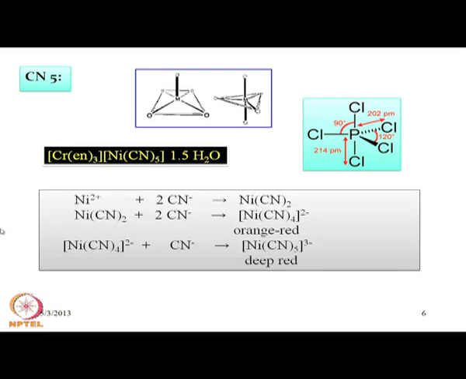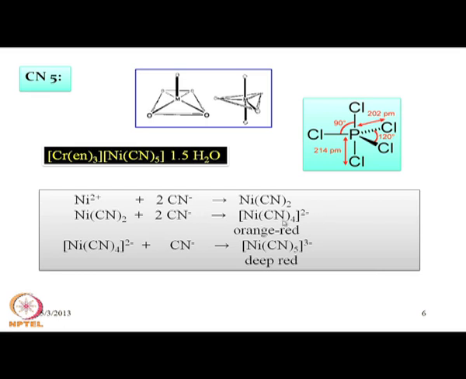It is a well known fact how we can get this particular species, because we can substitute some other compound. The tris ethylene diamine chromium 3 cation can be obtained as its corresponding perchlorate salt or tetraphenyl phosphonium salt, but that can be substituted very easily if we go for the corresponding pentacyanonickelate salt. Nickel, we all know, reacts very easily with cyanide, and then we can go for further reaction with cyanide.